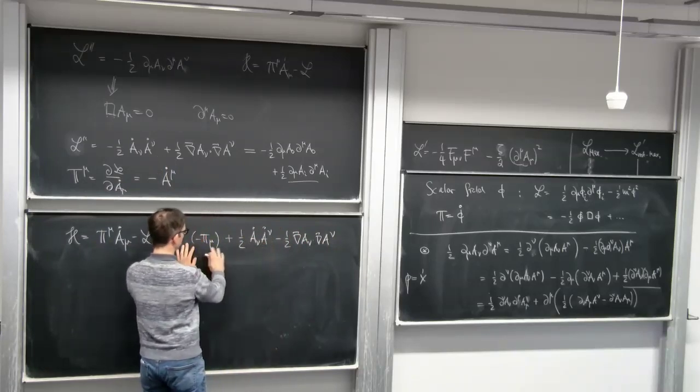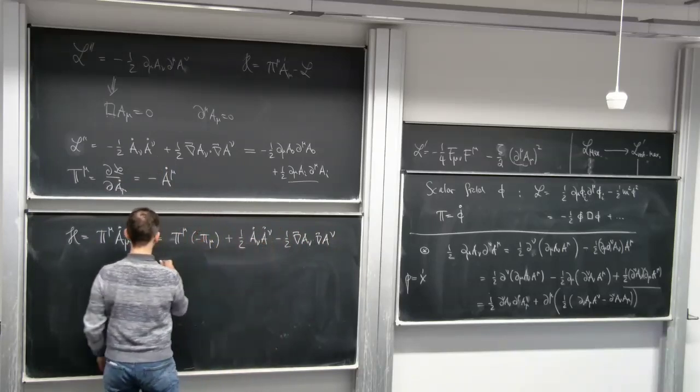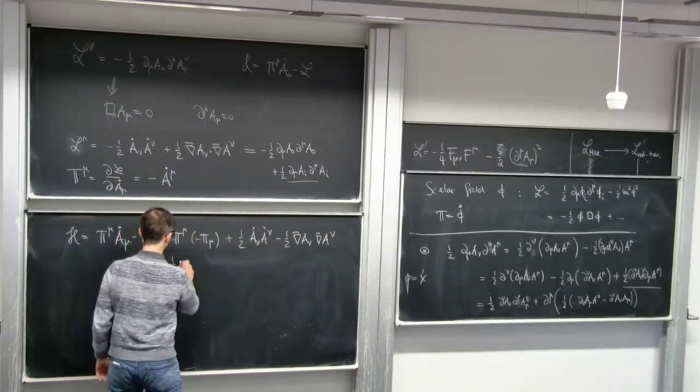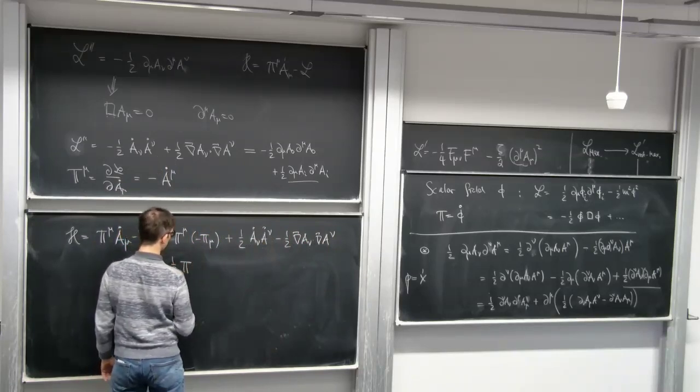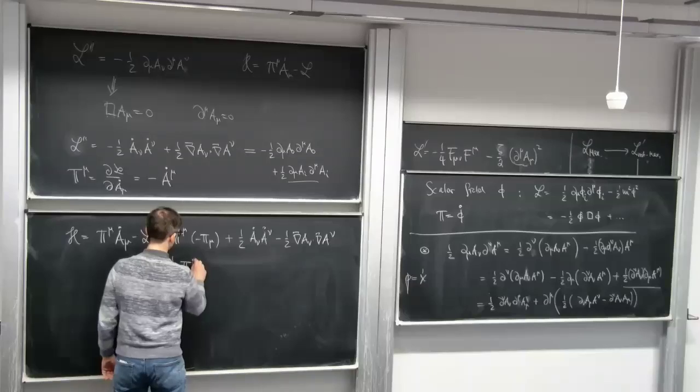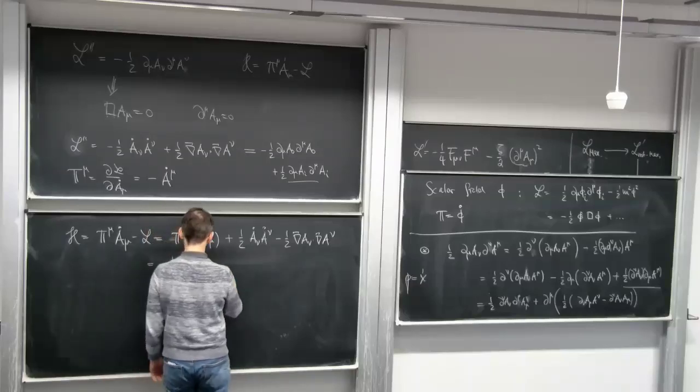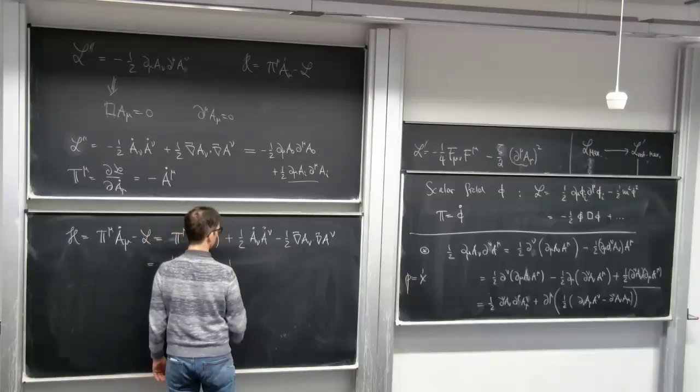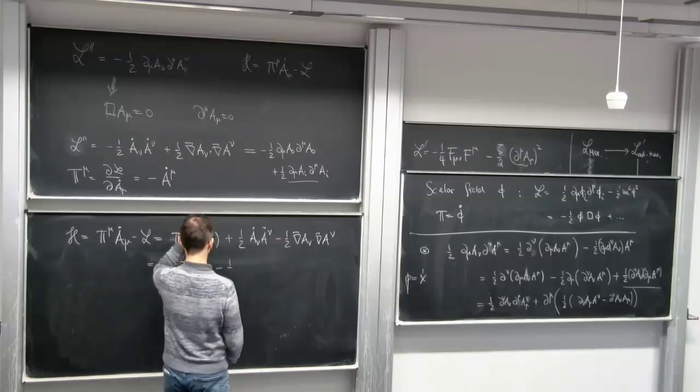Here it's pi squared with a minus sign, there's a half, so it's minus 1/2 pi squared.